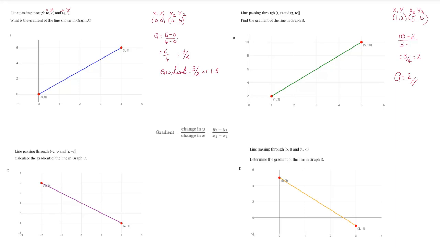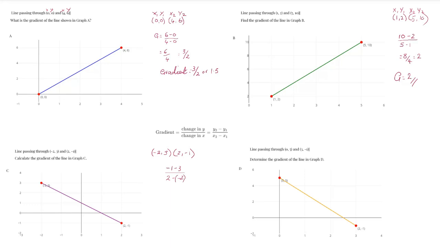Next one. Line passes through. We've got minus 2 and 3. 2 and minus 1. Plug it into our formula. y2. So we've got minus 1 minus 3 all over 2 minus minus 2.